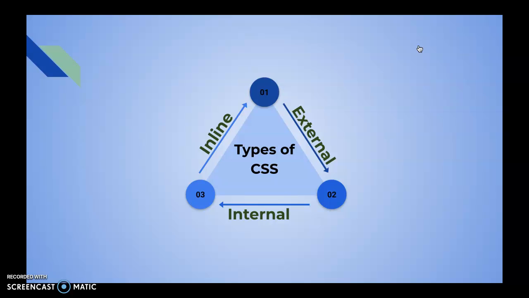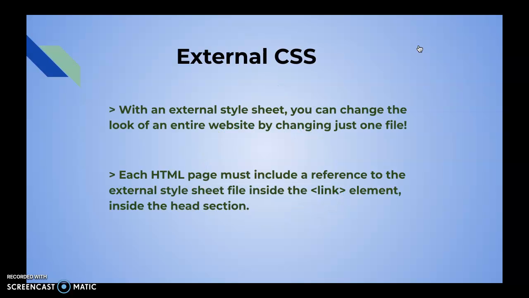There are 3 ways of inserting a style sheet: external, internal, and inline. With an external style sheet, you can change the look of an entire website by changing just one file. An external style sheet can be written in any text editor and must be saved with a CSS extension.